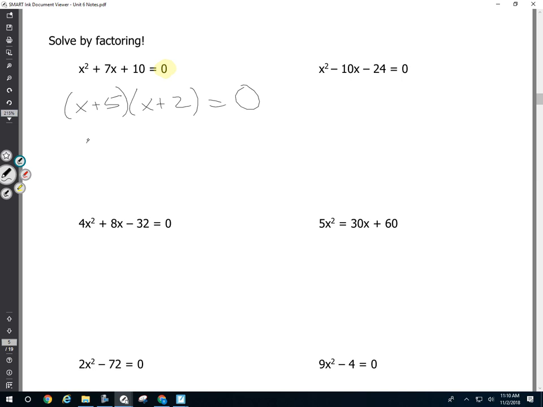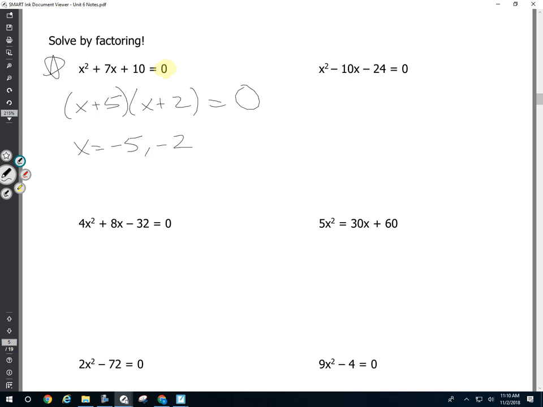And I think -5 would make this thing 0, making everything 0. -2 would make this thing 0, making everything 0. I have solved this equation. I did not try to isolate x. I did not square root. I did not do anything that your first instincts told you to do when we first looked at a quadratic. We used a different approach. We have equals 0. We turned a sum into a product. We then found when each piece of the product equals 0.